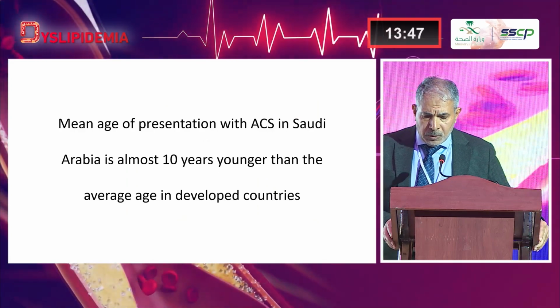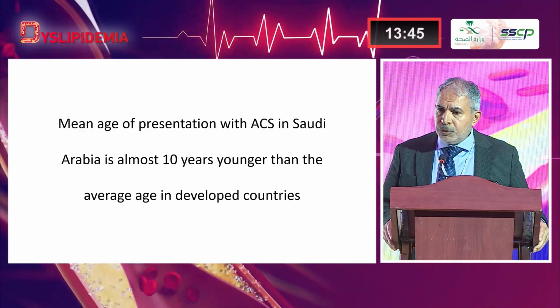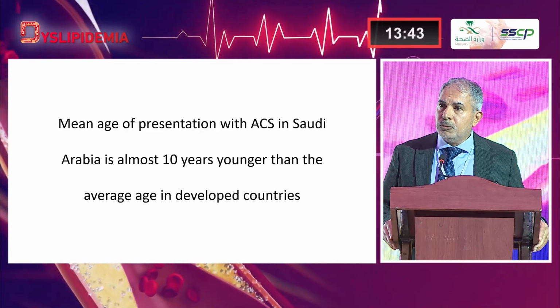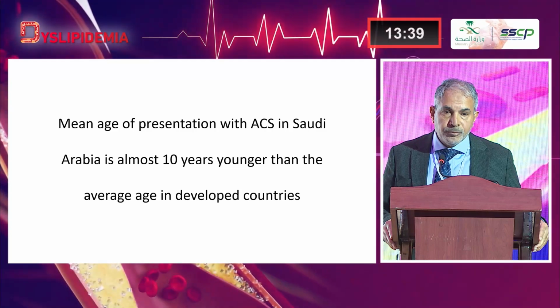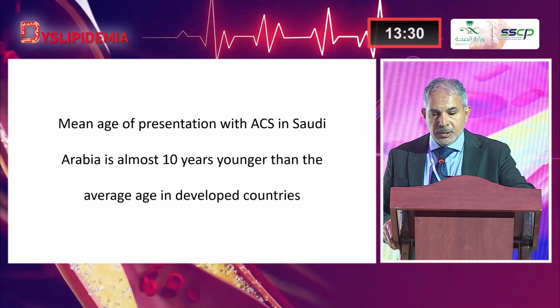However, we have already seen from multiple registries done in the Gulf and Saudi Arabia that the mean age of presentation of acute coronary syndrome is around 10 years sooner than what people develop ACS in Europe.